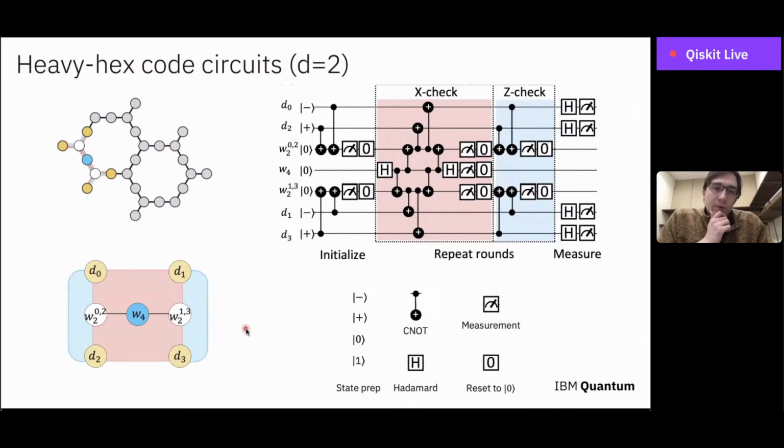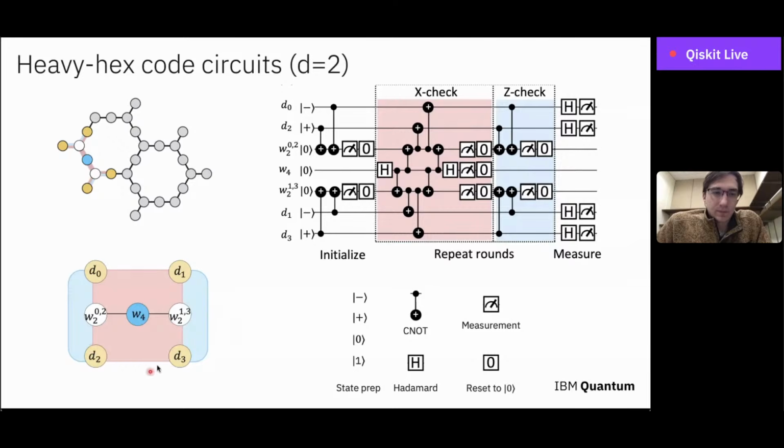So how does that go? So here I'm just going to talk about the D=2 code. So you can see that this D=2 code is like a unit cell of the D=3 code, and then you just combine these unit cells, you translate them around the lattice to make larger and larger codes. So if we just look at this, we get a good idea of how the larger code works as well.